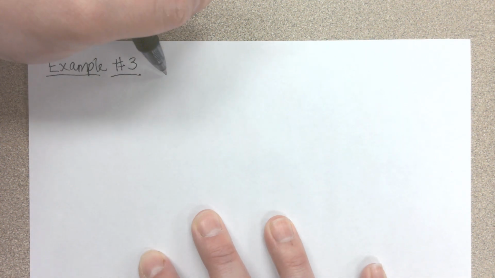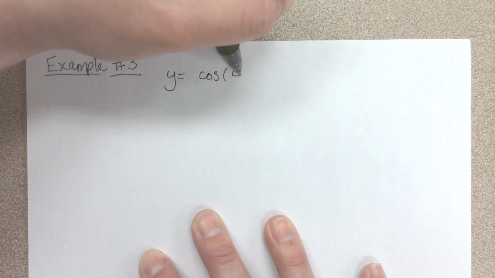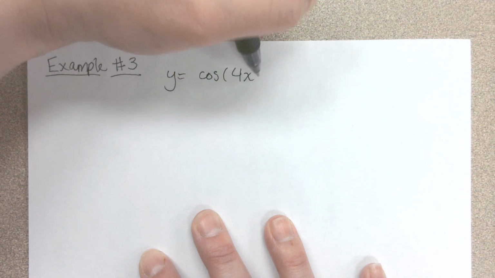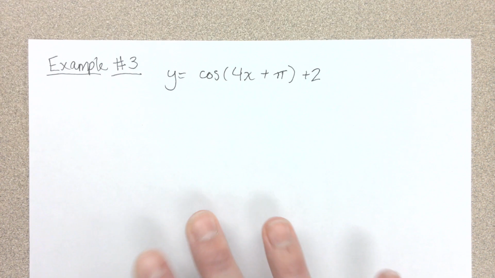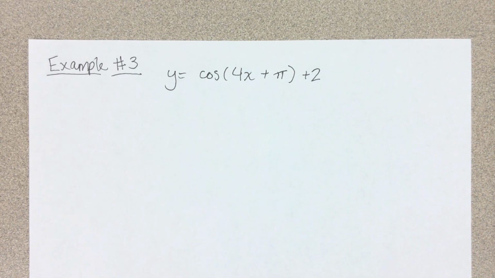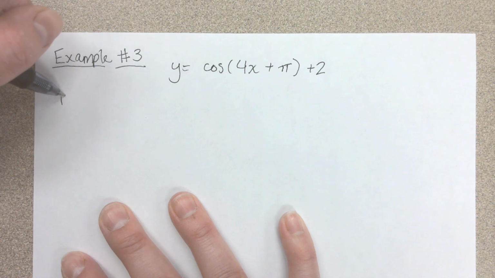Our last graph is y equals cosine of 4x plus pi, plus 2. We'll go ahead and make that list real quick.